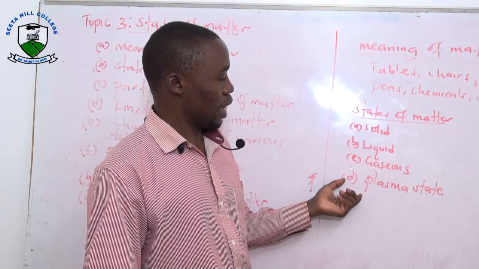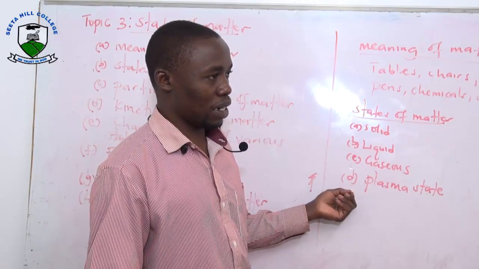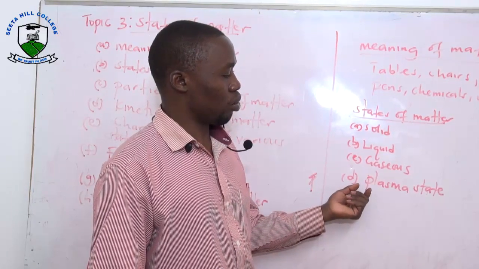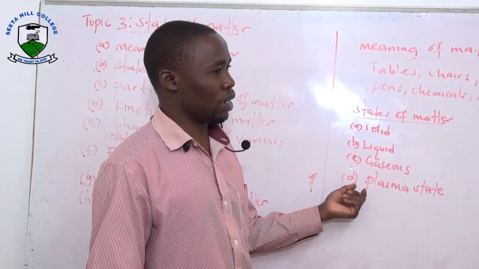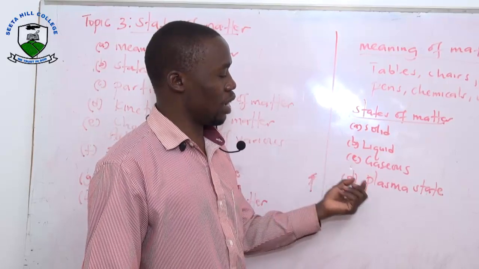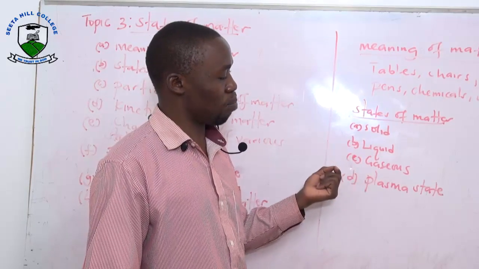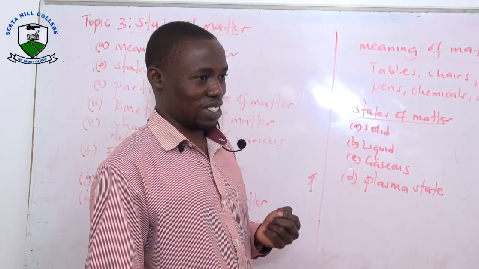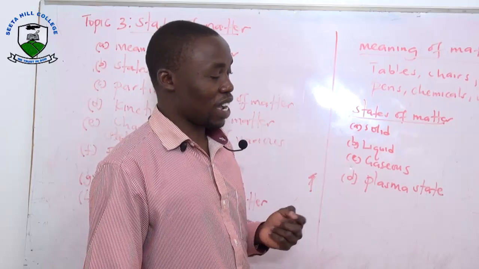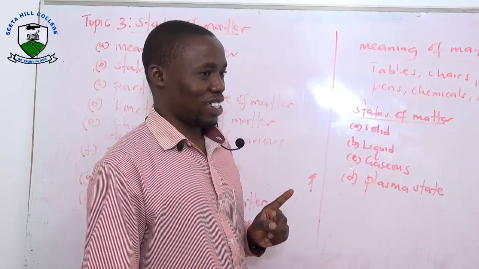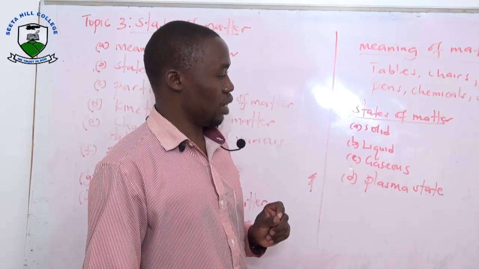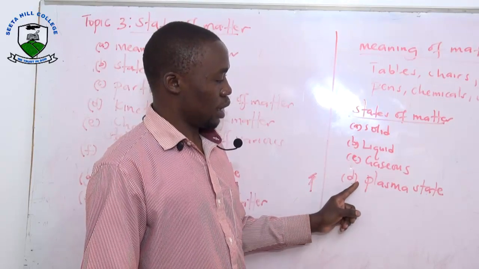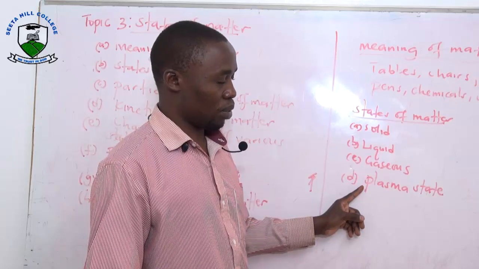When you expose a gas to a very high temperature, the particles in the gas lose some other very tiny particles from them called electrons. We shall see that later in the topic ahead called the elements. Now let me briefly close up this.